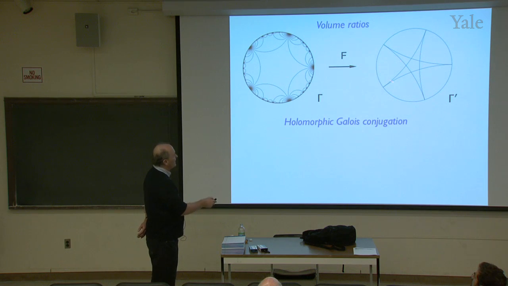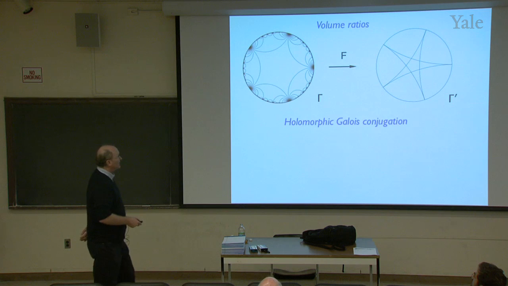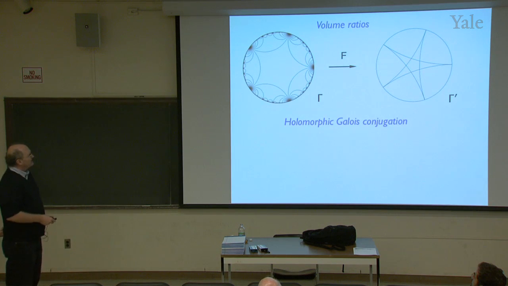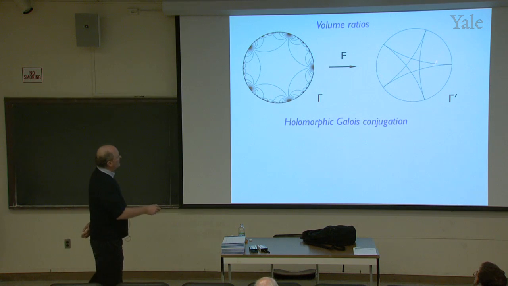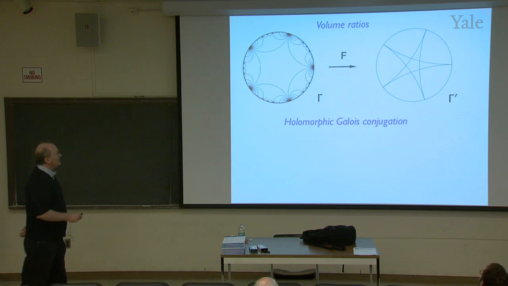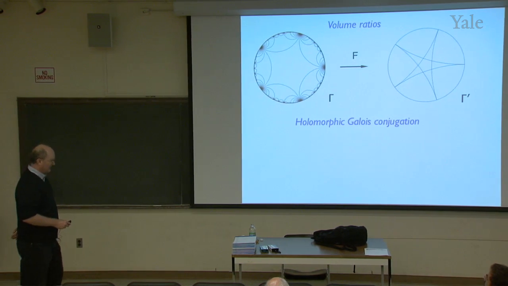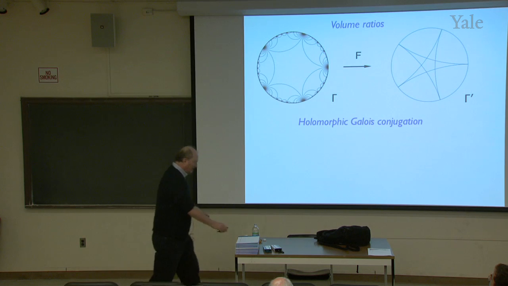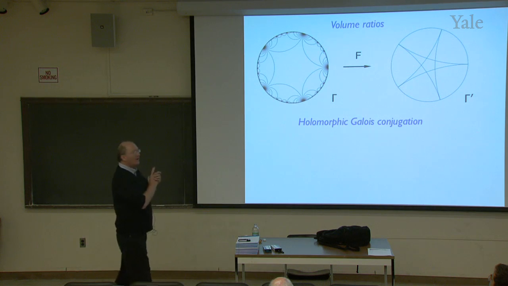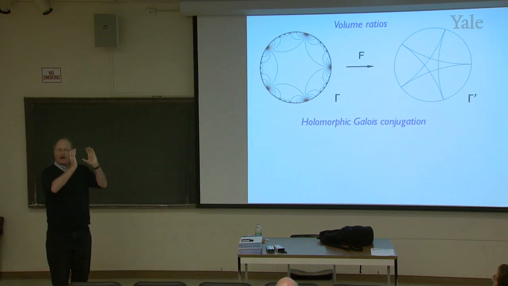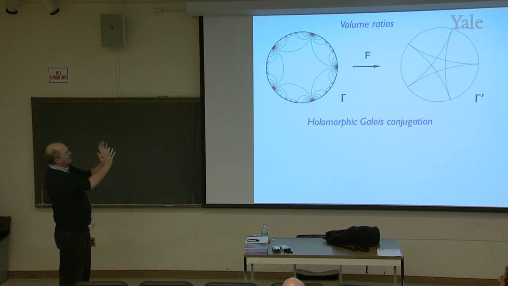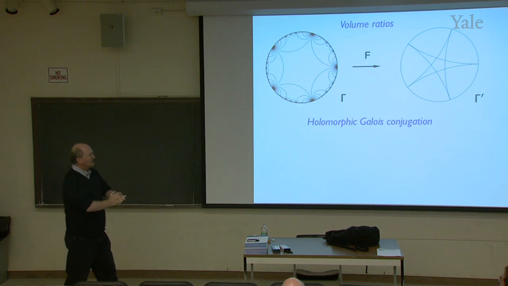The difference is this one is badly indiscrete. So we have a discrete group here, and we have an indiscrete cousin here that's obtained from it by Galois conjugation. But there's more to the picture. There's a beautiful holomorphic map which conjugates the discrete action on one side to the indiscrete action on the other side.